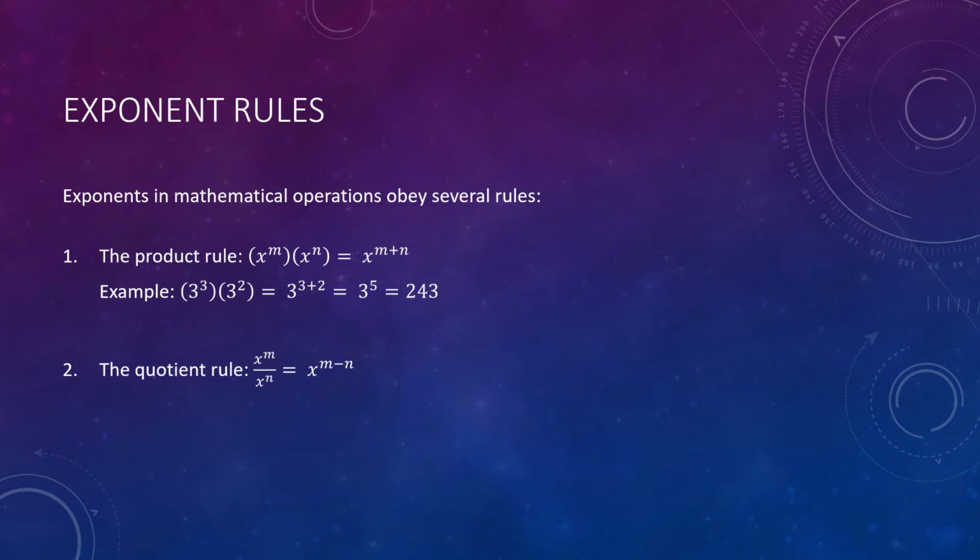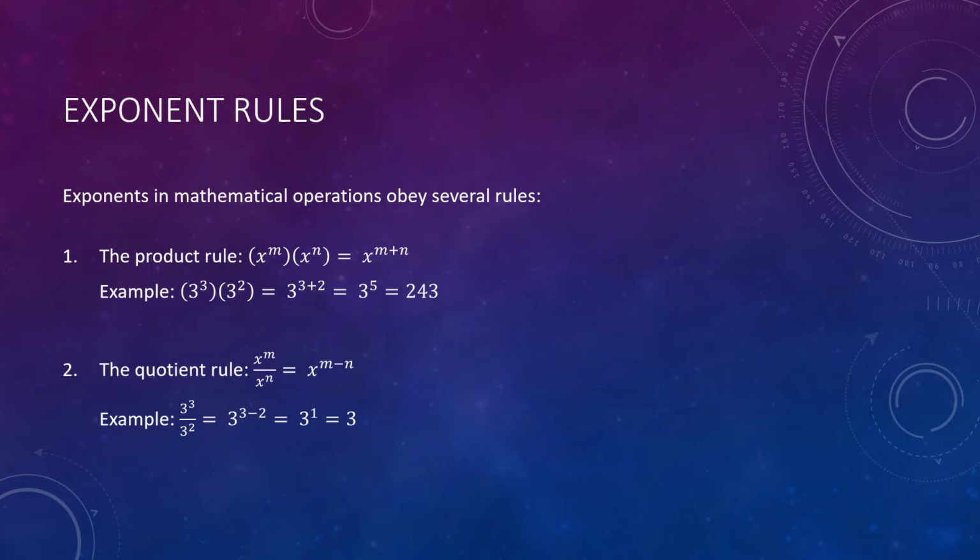For our example here, let's just go ahead and use these same numbers: 3 to the third power divided by 3 to the second power. We keep our base number 3, raise it to the difference of the two exponents, so 3 minus 2, which gives us 1. An exponent of 1 is basically meaningless. You could just get rid of it and it wouldn't change anything. That's just 3.